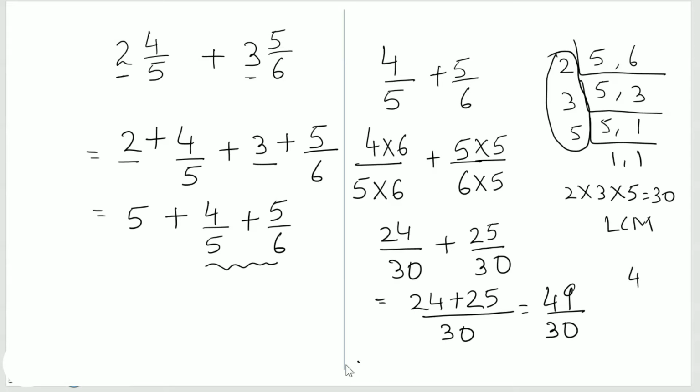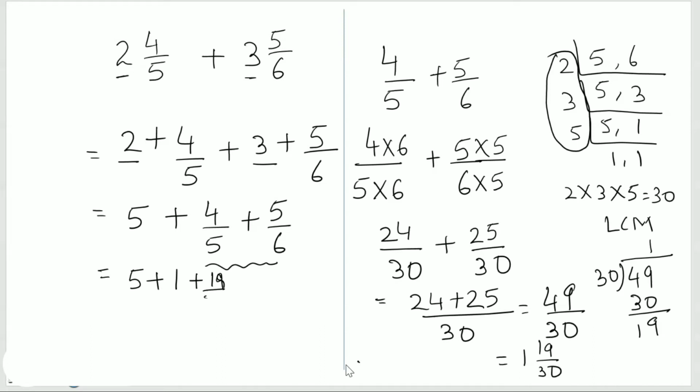To do that, we do 49 divided by 30. So that is equal to 1 and 19/30. Right? So here I can write as 5 plus 1 plus 19/30, and that equals 5 plus 1 is 6, and then 19/30.